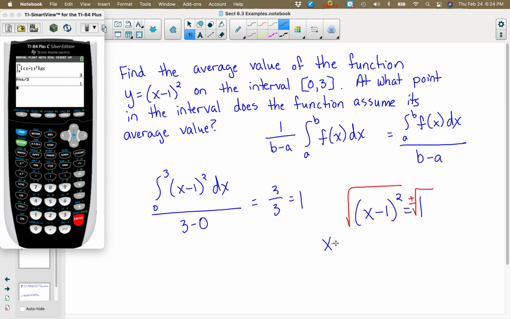So we're going to have x minus 1 equals 1, x minus 1 equals -1. So we get x equals 2 and x equals 0. And both of those are within our interval. So at those 2 points, that's where the function will assume its average value.